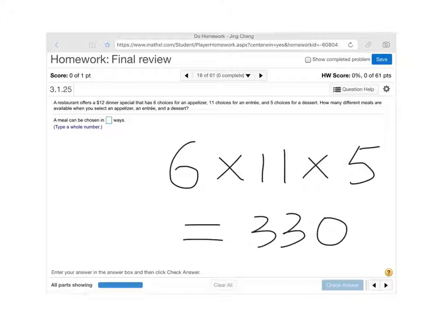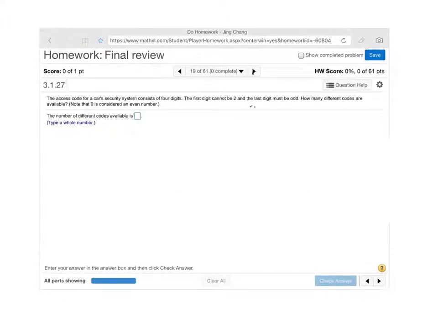And then let's look at the other one. Okay, this problem we can use the same way. The code has 4 digits. The first cannot be 2, and the last must be odd.